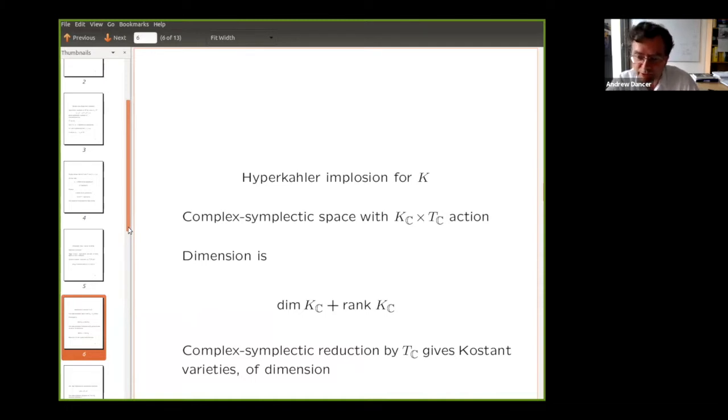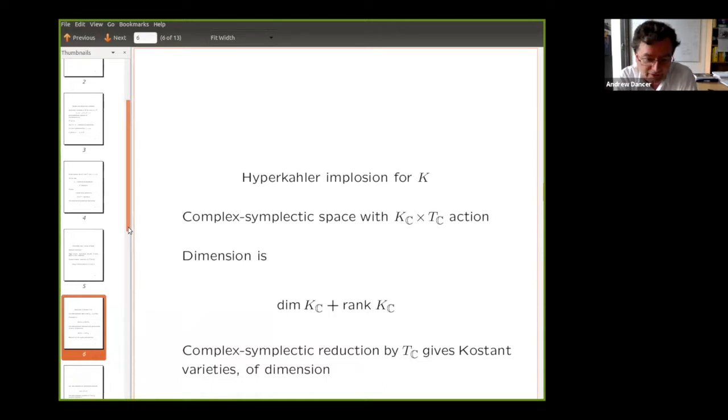The idea is that if you hyperkähler reduce by the T action, it should give you the costant varieties, which are the fibers of the costant morphism. Basically these are the varieties we get by fixing the values of all invariant polynomials on the Lie algebra.